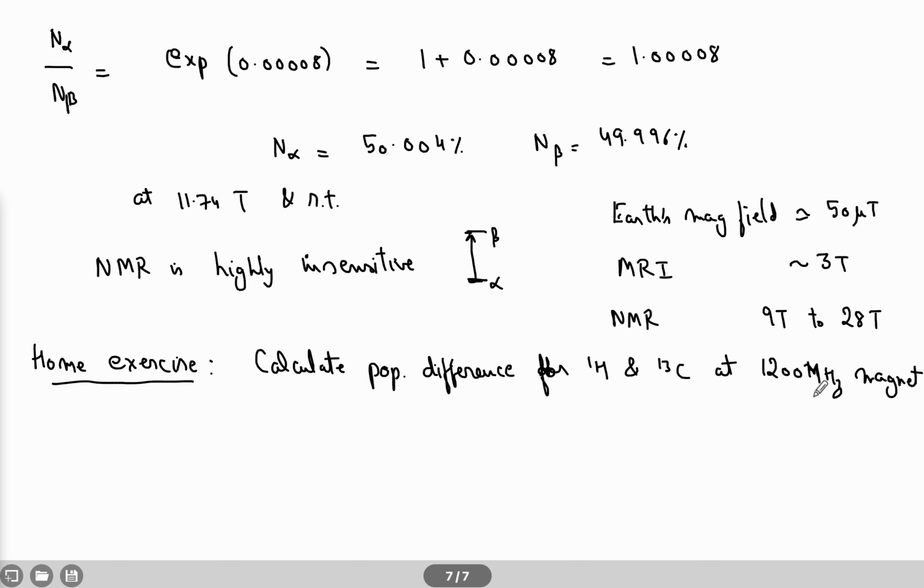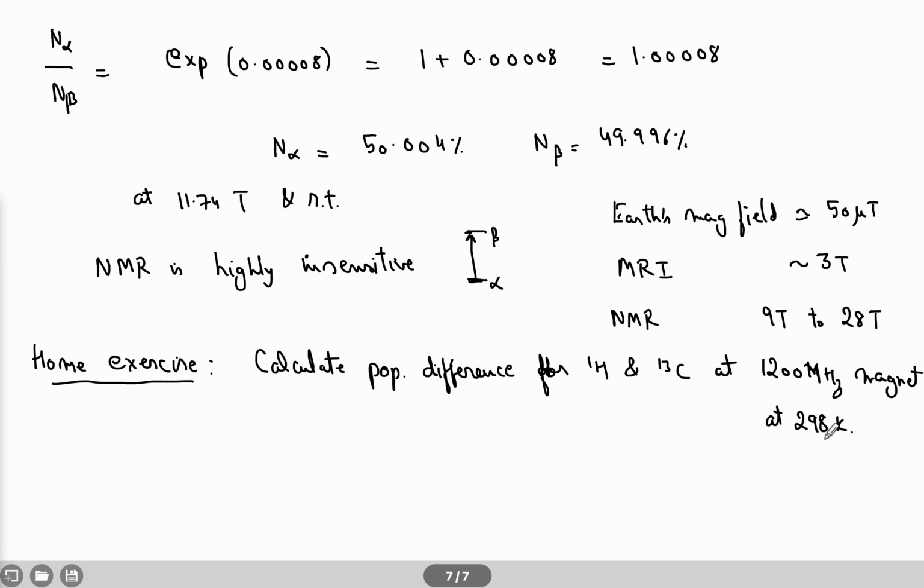So I'm using a different nomenclature for this magnet. I'm not telling you the magnetic field strength, I'm telling you a 1200 megahertz magnet. Calculate the population difference for proton and C13 at 298 Kelvin.